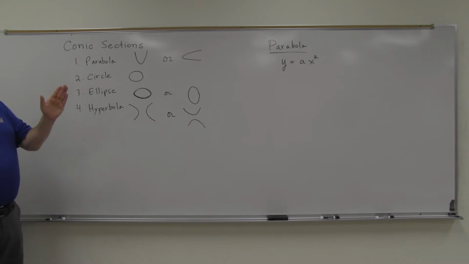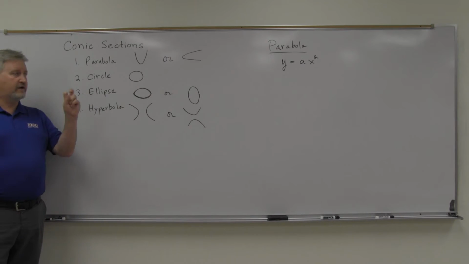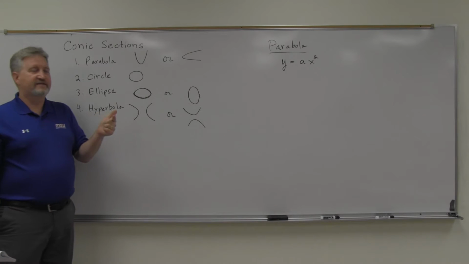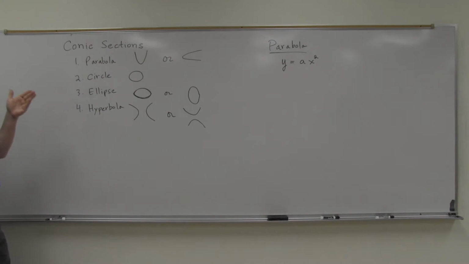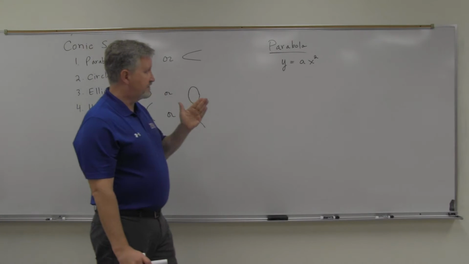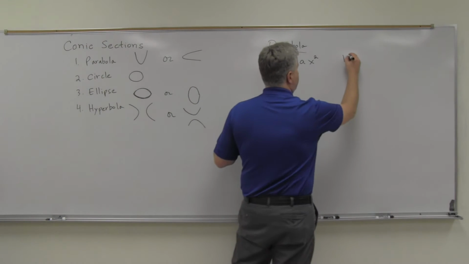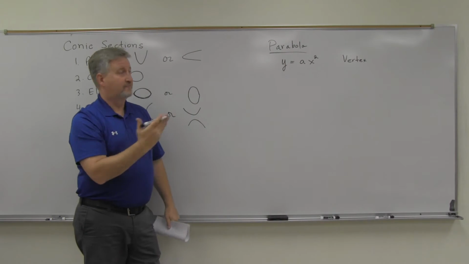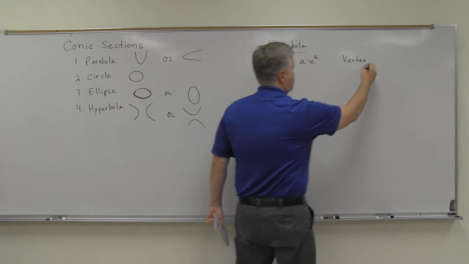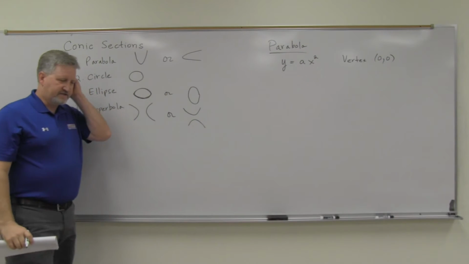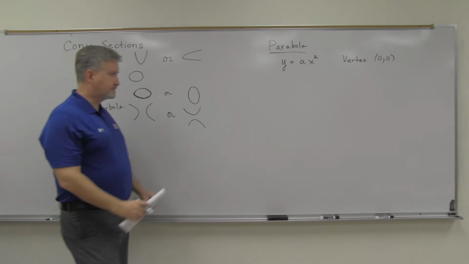So we've got a vertex. Most of these we'll talk about two things. We'll talk about vertices and foci, or focus points. Foci is just a plural of focus. But anyway, we talked about the vertex a little bit. And since this one's not shifted, where's the vertex of this one? 0, 0. We'll shift some things around, but for today, our vertex will start with 0, 0.